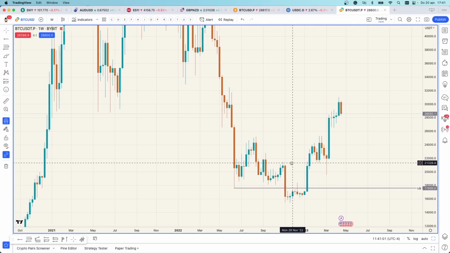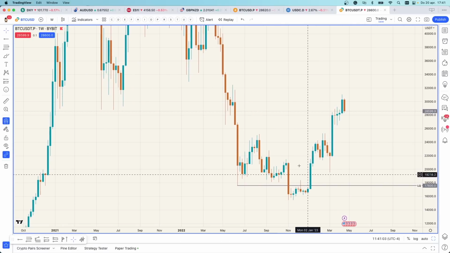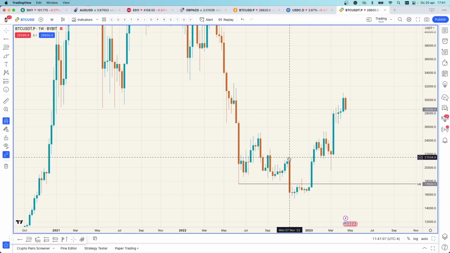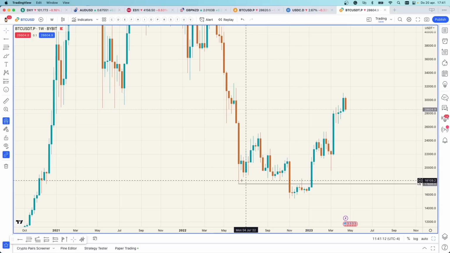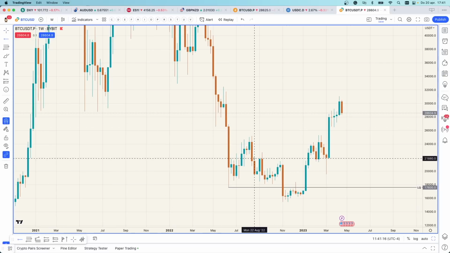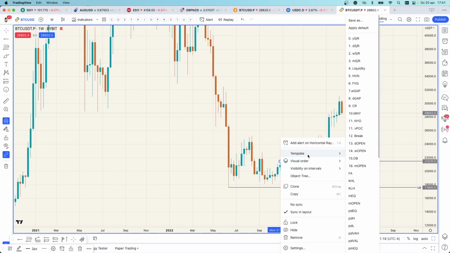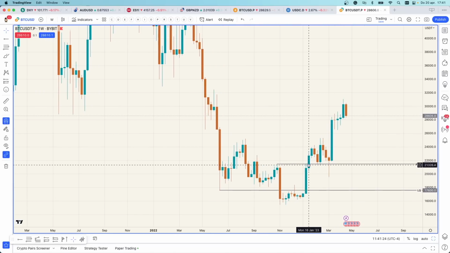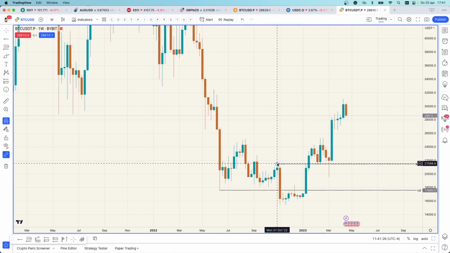So right here, what would be your key lower high? Because now it's the opposite. Now it's buying. So you look for the previous swing high leading towards your low that took liquidity. So this would be your key lower high. And then you can see it breaks with full force above that key lower high.